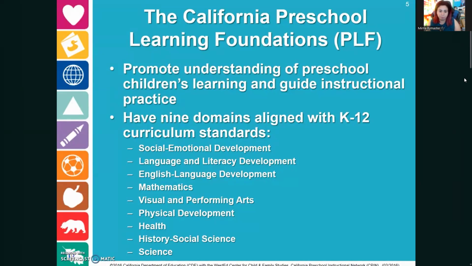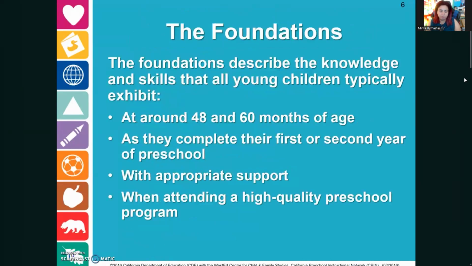The foundations describe the knowledge and skills and the competencies that young children typically attain before they enter kindergarten. And those competencies are delineated at both 48 months and 60 months of age, and that's about age 4 and age 5.